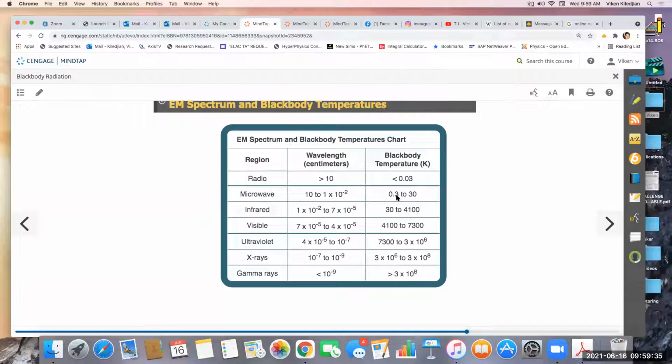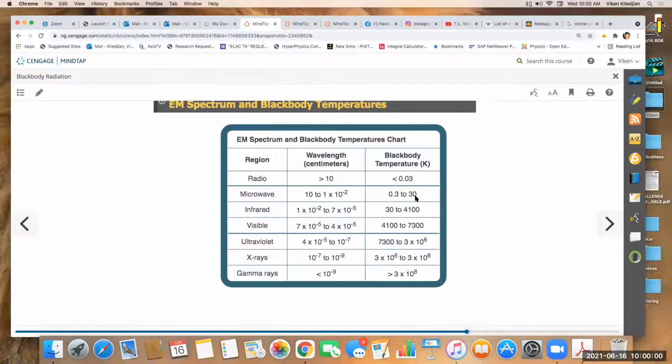Objects that are from 0.3 to 30 Kelvin, a little bit warmer, radiate in the microwave. Remember how I was saying gamma rays are more energetic than radio waves? Well, this corresponds to that. The hotter the object, the more predominantly it will radiate those kinds of waves. So what kind of objects are 0.3 to 30 Kelvin in the universe?